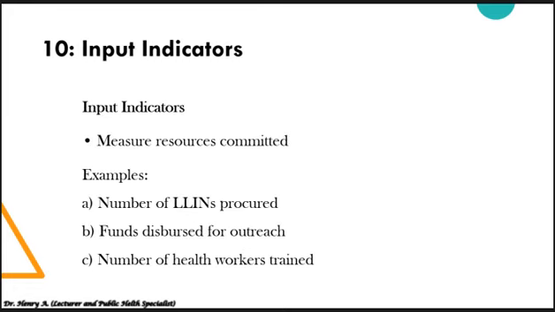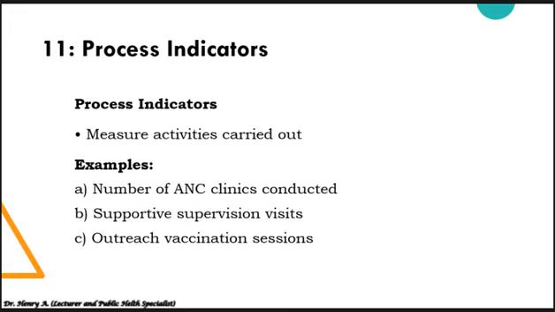If I take you back to the input indicators, remember that they measure only the resources that were committed into the program. But when you come to the process indicators, it goes beyond measuring. It checks the activities carried out using those resources that were provided. Now the resources are being put into use, and that's why we're looking at the number of outreach vaccination sessions and the supportive supervision visits done, because you were given a car.